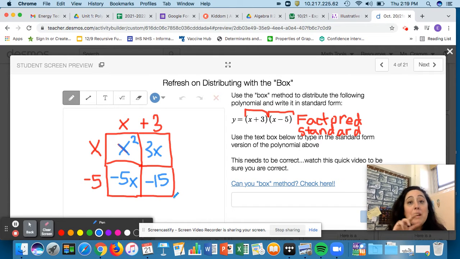A really important key point here that we're going to use once we get into factoring trinomials or even higher degrees is that if you look at these diagonals, this negative 5x is a like term. By like term, I mean they've got the same variable x with the same exponent. The fact that this is x squared stops it from being a like term.